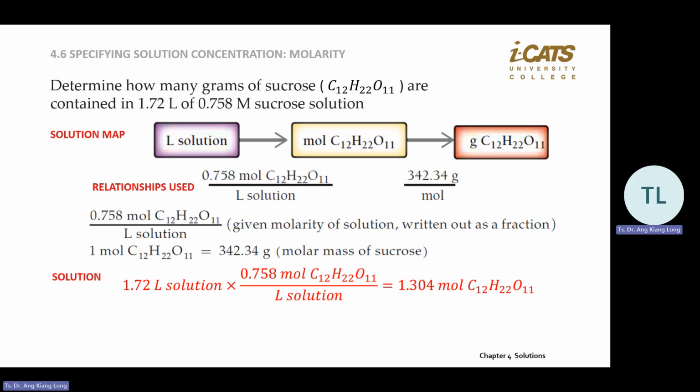It asks you how much sucrose, so basically you're finding the X. It asks you the X, which is the gram of sucrose. If you have 1.72 liter, from this mole, you convert into gram.